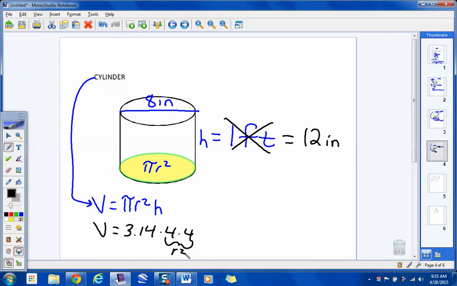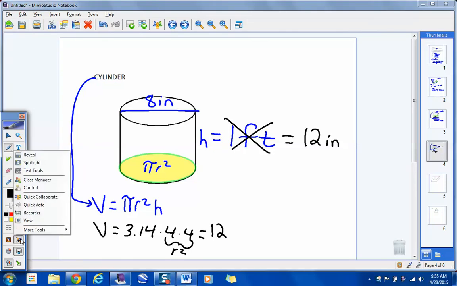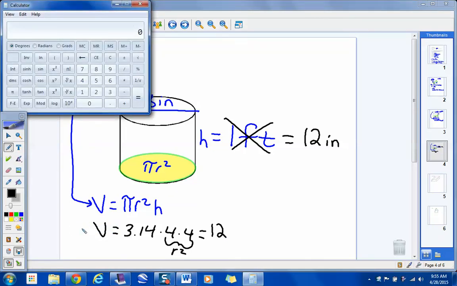So, what's the height here, kids? 1 or 12? Why choose 12? Yeah, we're in inches. So I'm going to grab a calculator here quickly and punch all this in. So we're going to go pi 3.14 times the radius squared. What's 4 times 4 going to be then? 16. Oh, why did I put equals 12 there? I'll fix that here. Times this last value of what? Times 12.